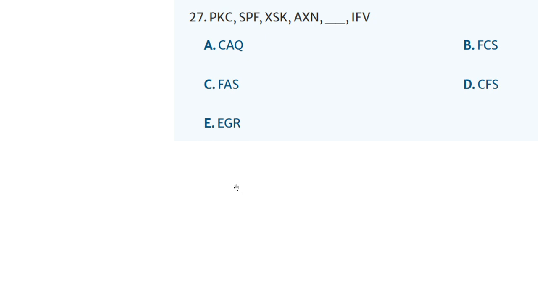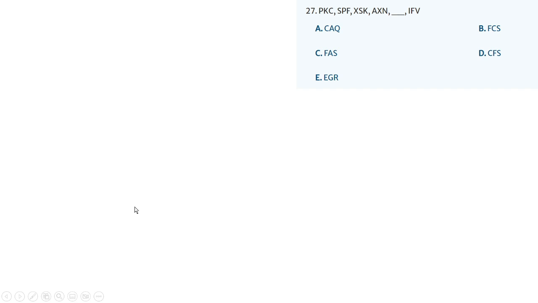Let's try to see the pattern over here. I have to unzoom it. Okay, let me just get the pen. Let's see. The first letters are nothing but P, S, X, A, dash, I. If I give the corresponding numbers, it was 16, 19, then after that 24, then A has value 1, here we don't know, and I has value 9.